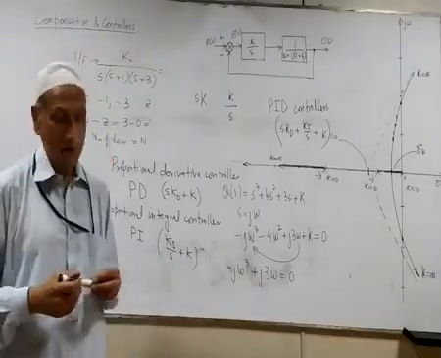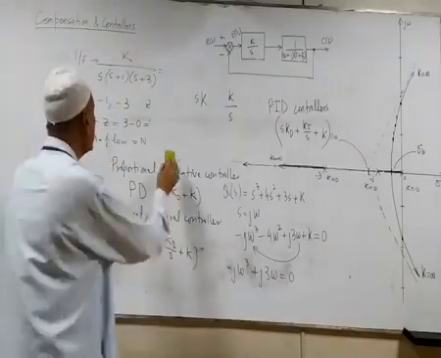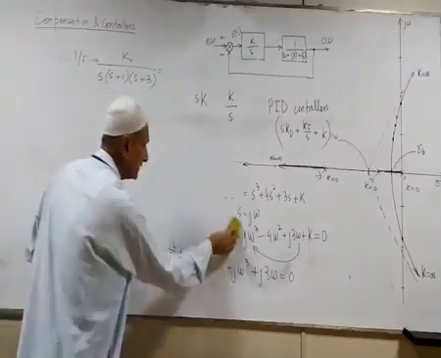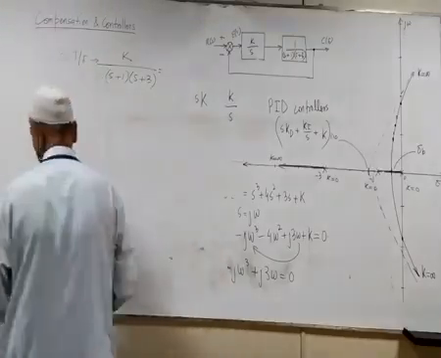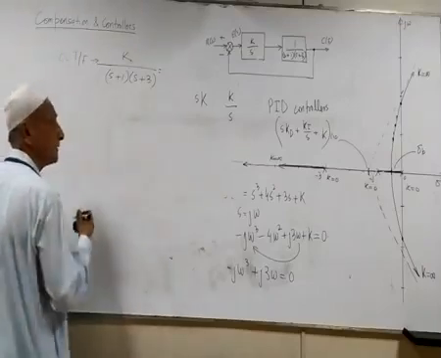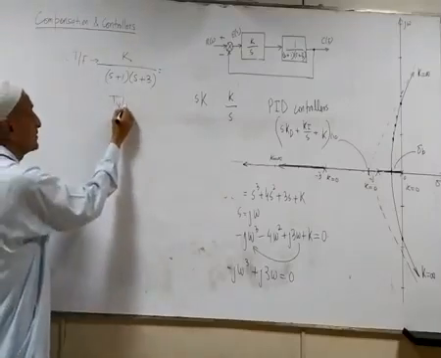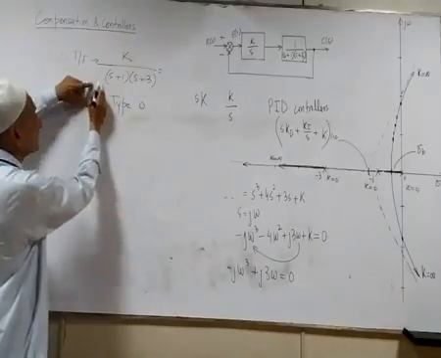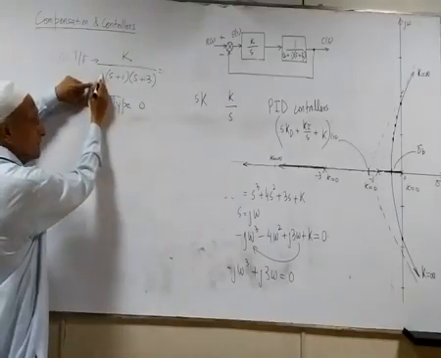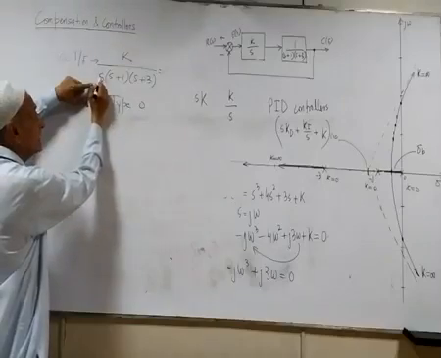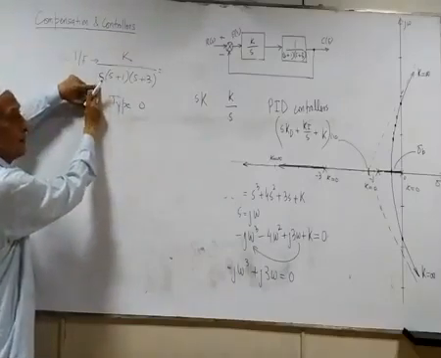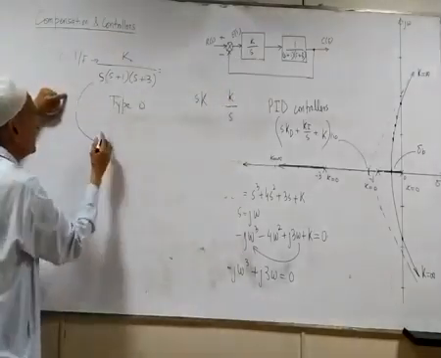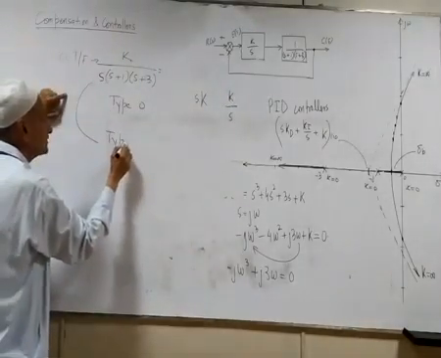Now the last important thing, if you look into the system transfer function, the original system was this one, the second order system. Now this is basically a type 0 system. Now by incorporating a simple integration in the forward path, this is now a type 1 system.